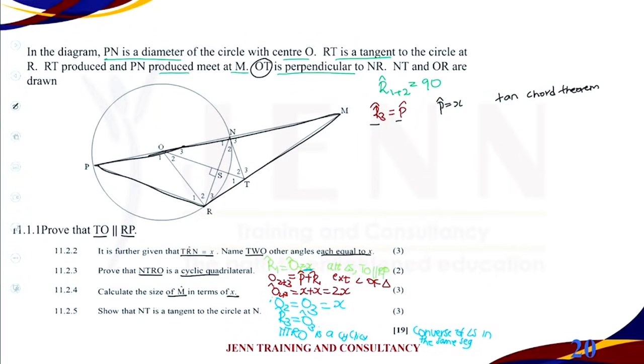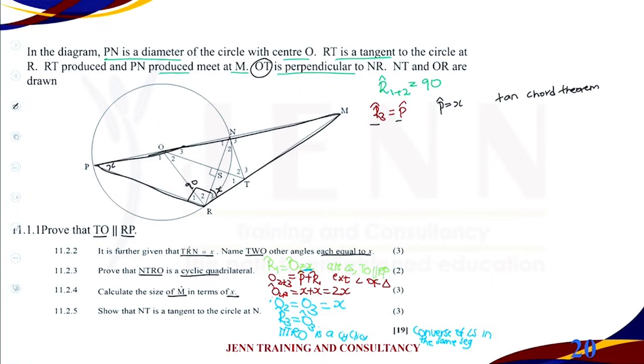And then you know that R1, R2 is 90, remember? And then this one is x, and that one is also x. So we are going to use the sum of interior angles of a triangle, which is one of the tools in your toolbox.